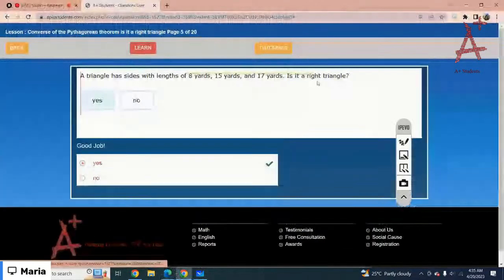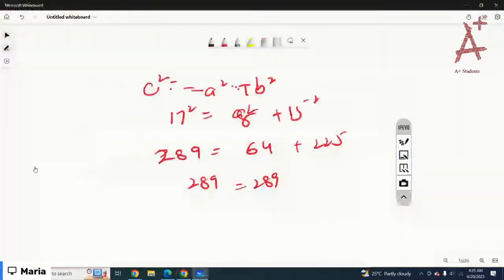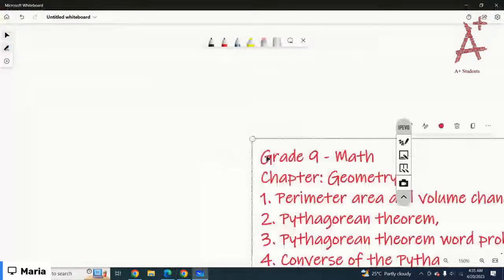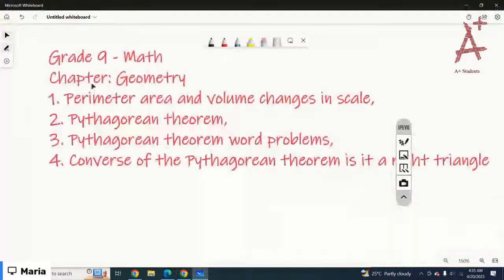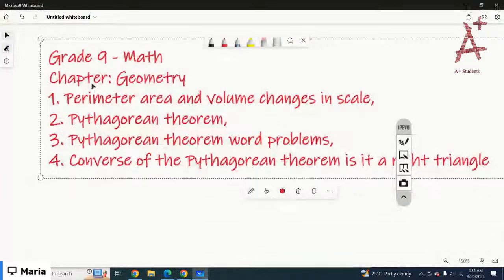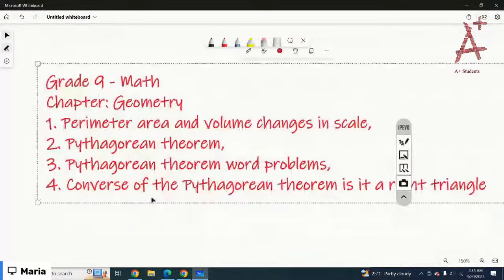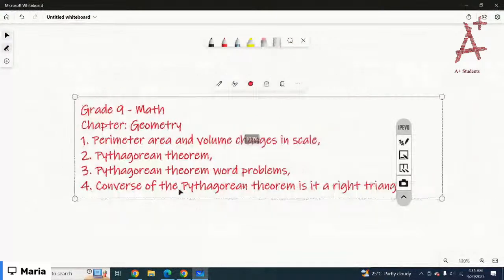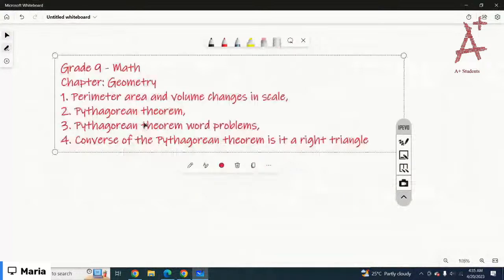Okay, you can complete the test by yourself later today. So we're working on grade 9 maths. The chapter we're working on is geometry. The lessons we have completed today are perimeter, area and volume, change in scale, Pythagorean theorem word problems, and the one we just did, converse of the Pythagorean theorem: is it a right triangle?